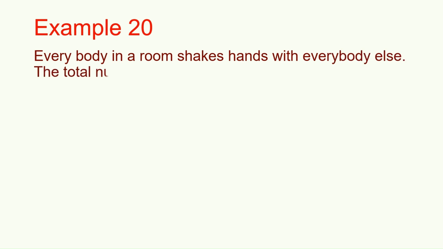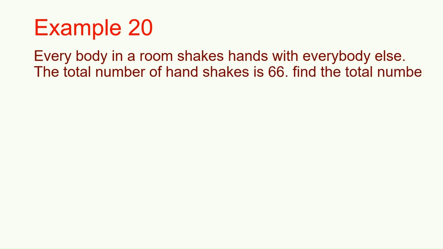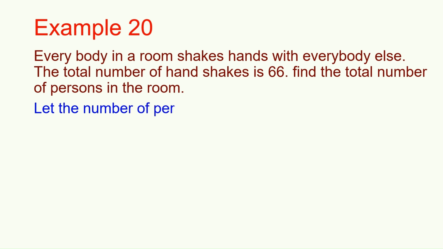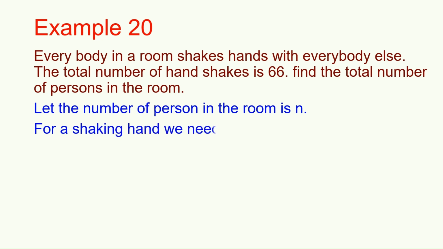Example 20. Everybody in a room shakes hands with everybody else. The total number of handshakes is 66. Find the total number of persons in the room. Let the number of persons in the room be n.